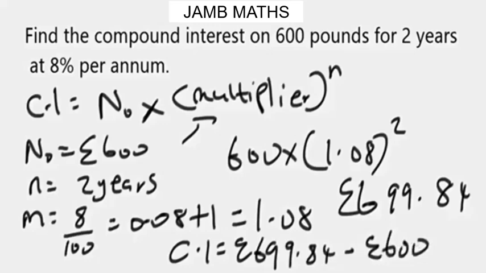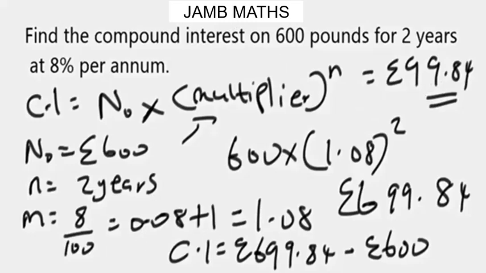So when you do the math, you're going to have the compound interest to be £99.84. All right, so this is basically what I was trying to explain in that formula when we started this video. So this is the compound interest, £99.84.